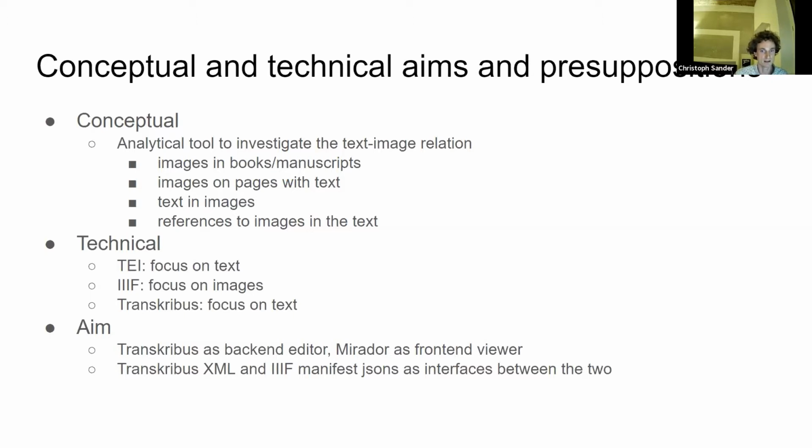What I, as an amateur in this, have in mind is using Transkribus as a backend editor to do all the annotations in this system, which is quite easy to use for scholars, and Mirador and the IIIF technology as a front-end viewer database system, something that you as a scholar then use to communicate your results or perform certain research queries.